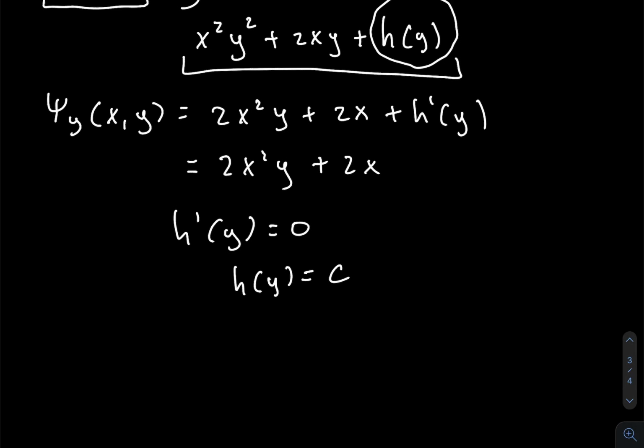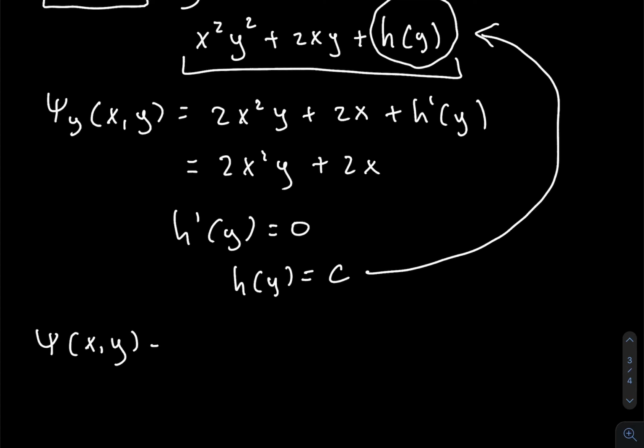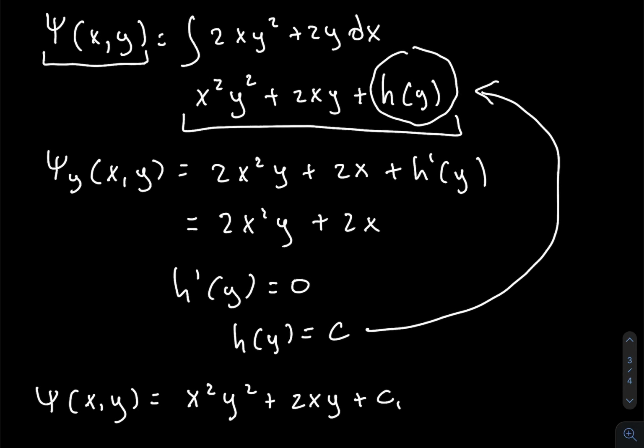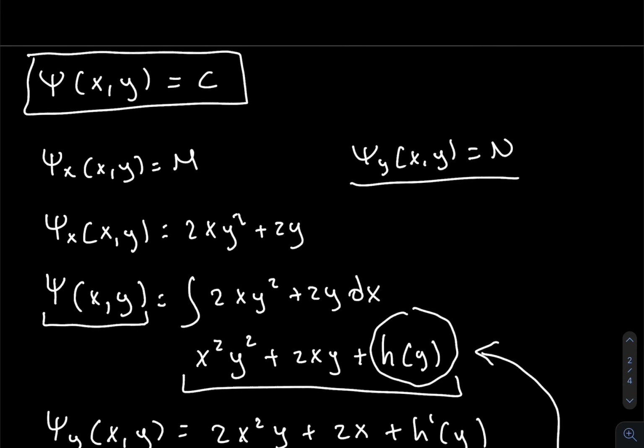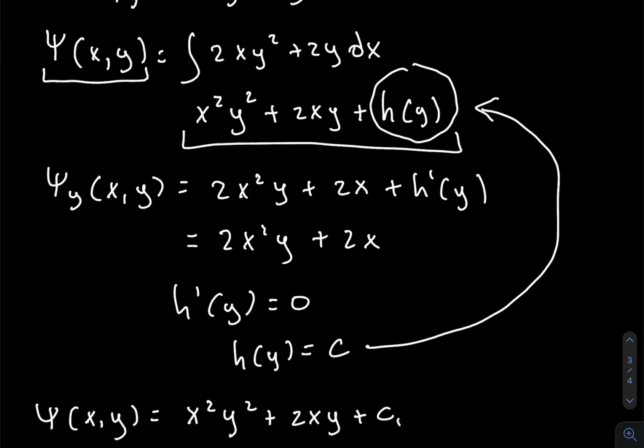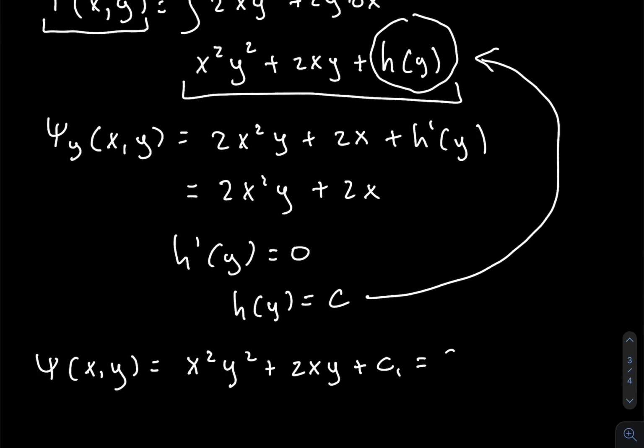So we can replace this value back into here, and we'll have that psi of x and y will be equal to x squared y squared plus 2xy plus a constant, and I'm gonna say constant 1. And according to the way we define this problem, we say that the solution for the differential equation will be equal to c. So, and I'm gonna say this is equal to c2, so we don't get confused with our constant.